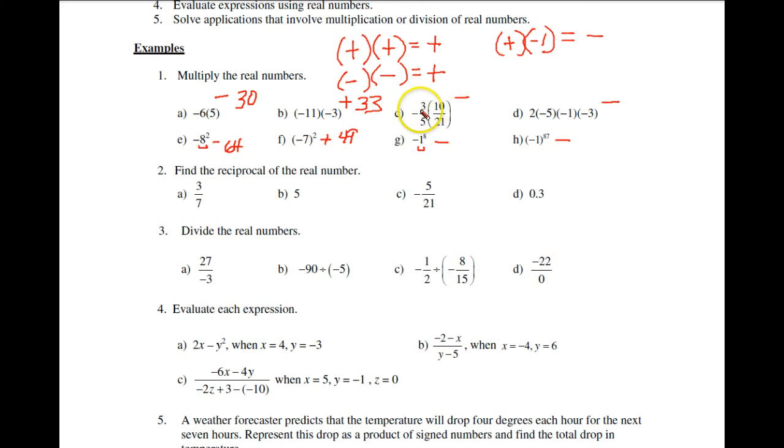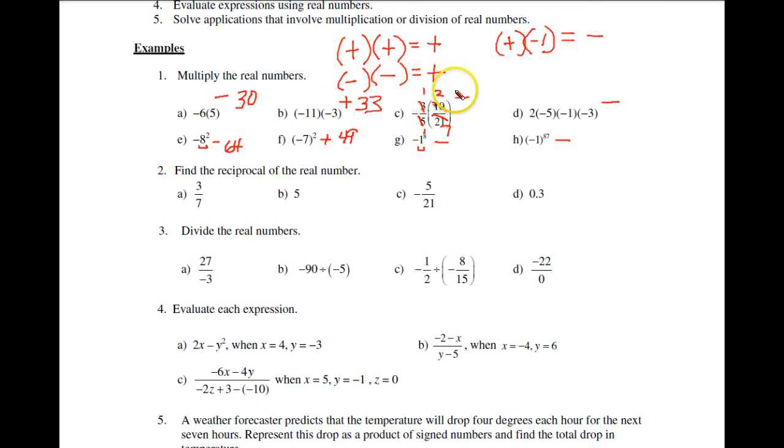So in letter C, we've determined the sign. Now let's see what cross canceling we can do. Well, 5 will go into there once, 5 will go into there twice. 3 goes into there once. 3 goes into there 7 times. So now we can't cancel anymore.